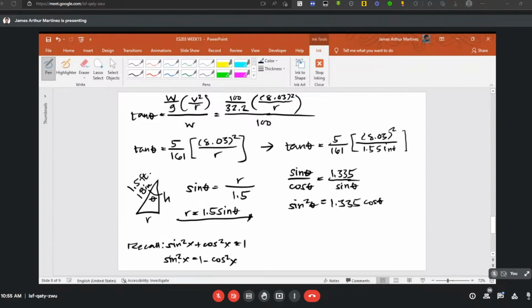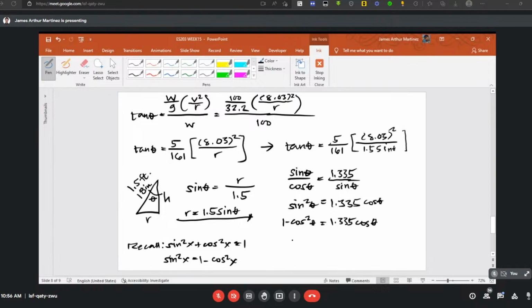If we use this relationship, we substitute the expression for sine squared x. So it becomes 1 minus cosine squared theta is equal to 1.335 cosine theta. So only one trigonometric function is left, which is cosine.